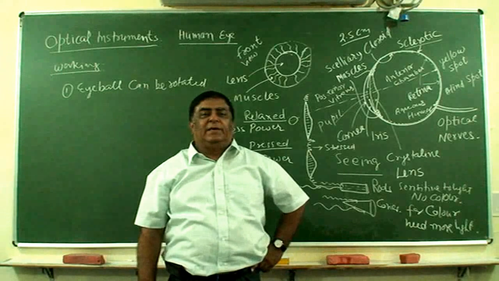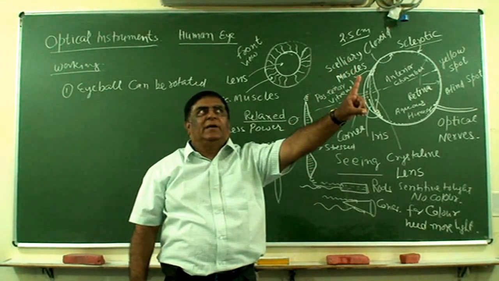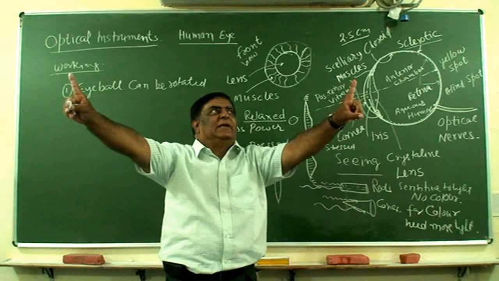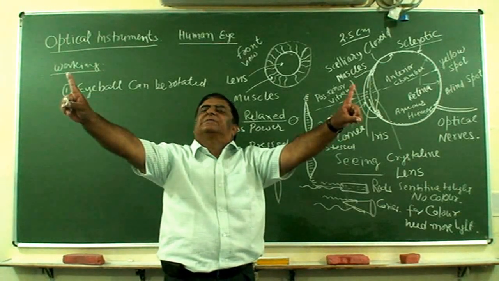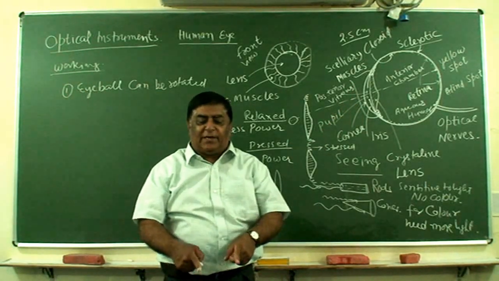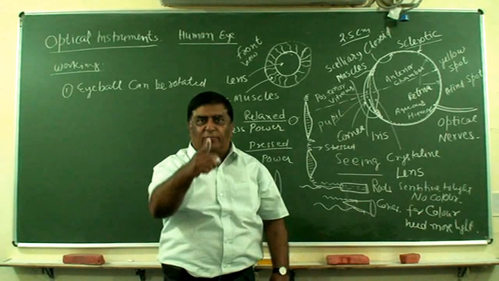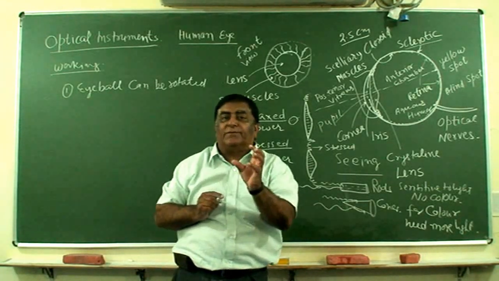If I am seeing an object on this side, my eyeballs will be here, and if the object is on this side, then I will turn my eyeballs here. If you ask me to see something down, then my eyeballs will be there. If I want to see you, then my eyeballs will be here. So I am rotating my eyeballs.